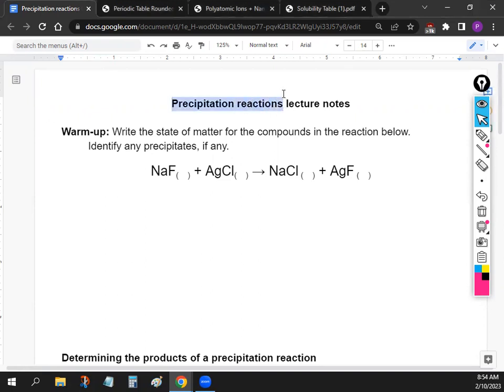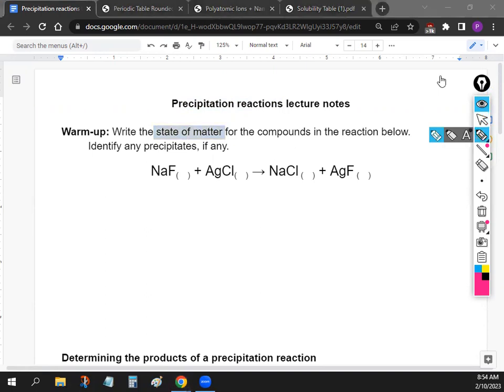We'll talk about what that is in just a second, but just make sure you guys title that for your lecture notes. What we're going to do first is basically just fill out the parentheses for the state of matter for the compounds below. If you remember from last time, the two things we can write in the parentheses are AQ, which basically means that compound is soluble in water.